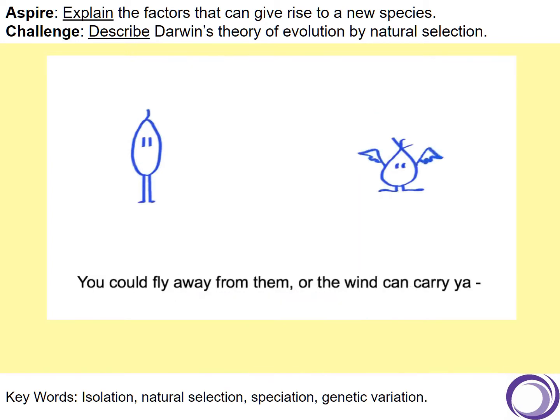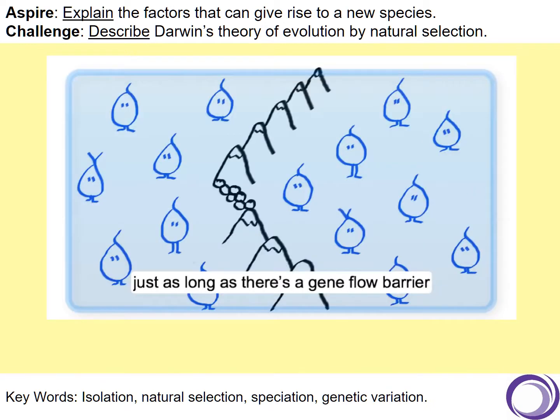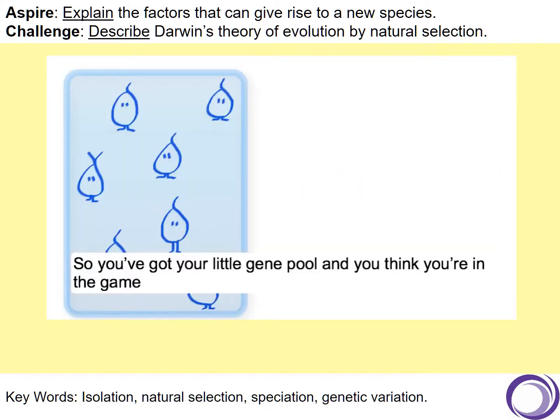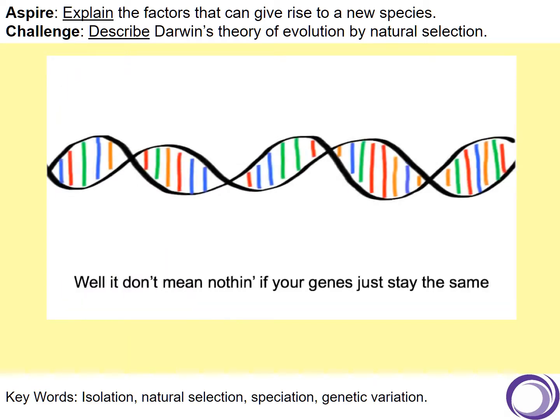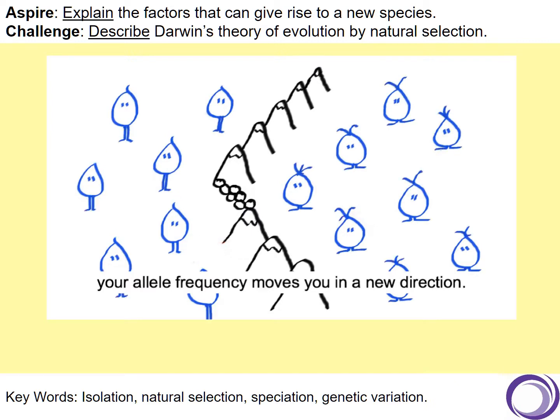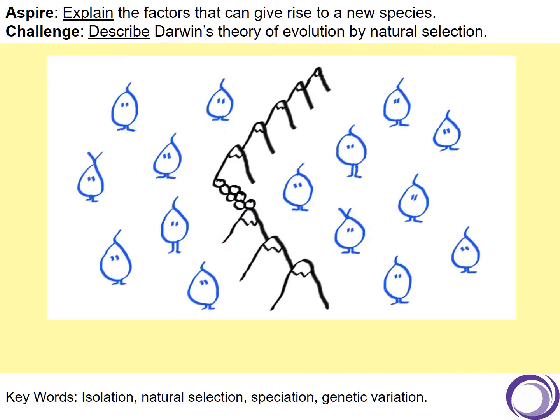You could fly away from them, just as long as there's a gene barrier. So you've got your little gene pool and you think you're in the game. Well, it don't mean nothing if your genes just stay the same. But with a little variation and natural selection, your allele frequency moves you in a new direction.